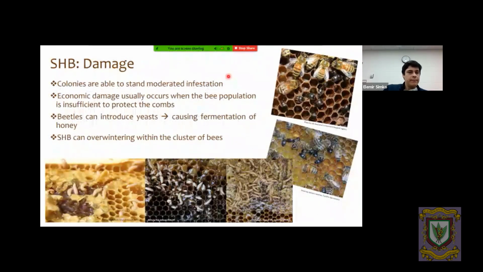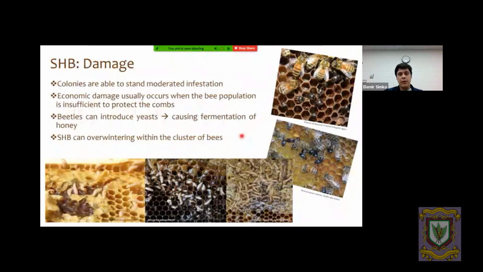Damage, as I said, the larva is the form that will cause the damage, and they feed on the stored food, as we see here in the pictures. Colonies are usually able to stand moderate infestation.